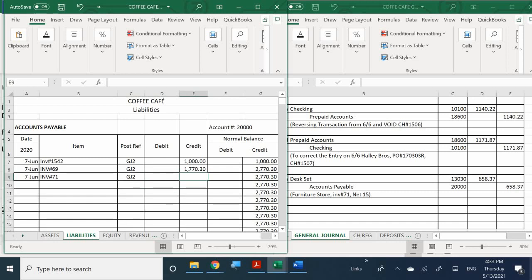And because we are increasing the amount that we owe by an additional $658.37, which now brings our account balance, right? We increased it by $600 more. Therefore, we now owe a grand total of $3,428.67. Okay.